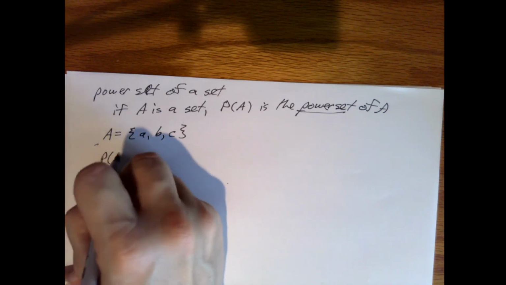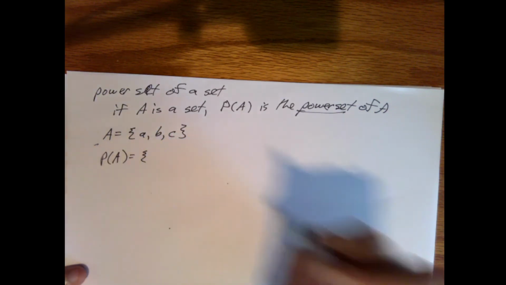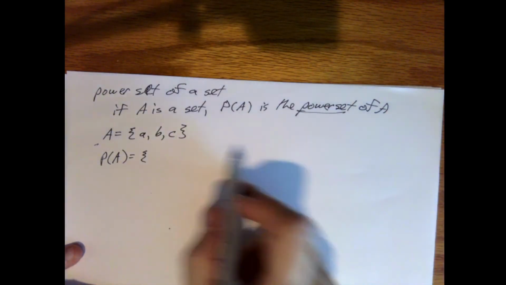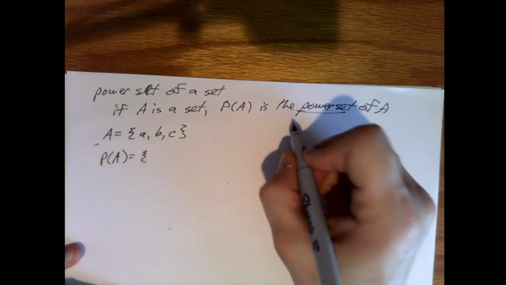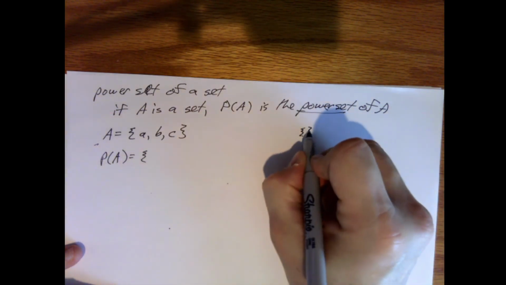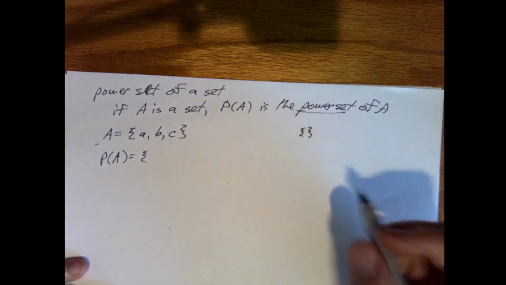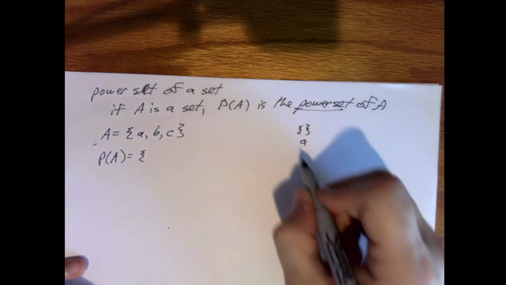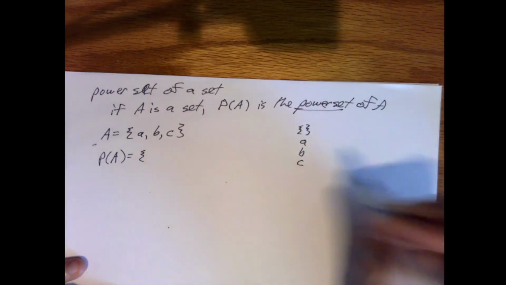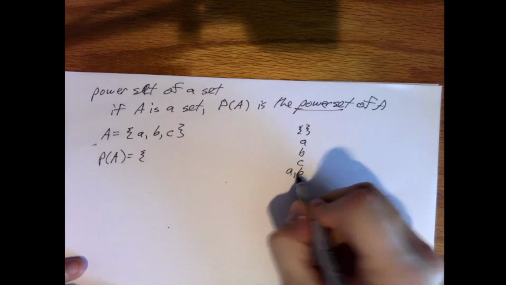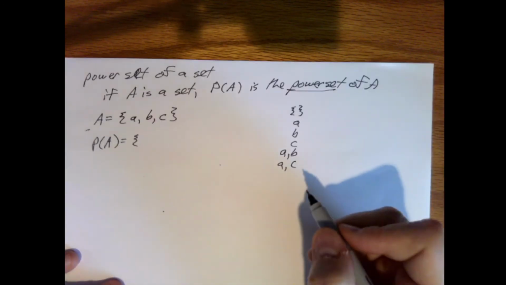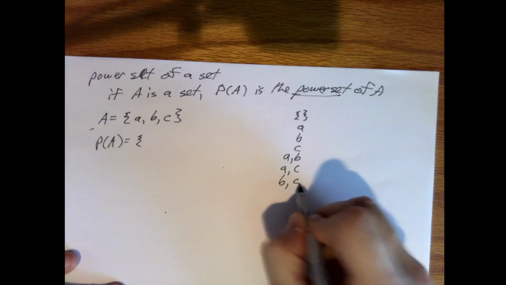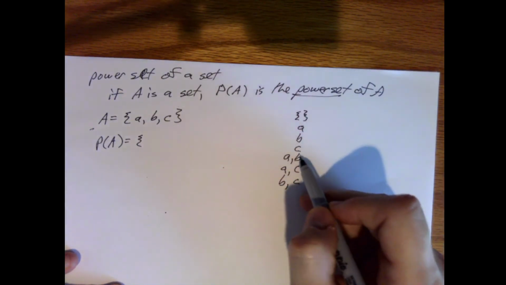So P of A is equal to what? And let's write it over here to make it easy to sort of see what we have. But one, we could choose none of the elements. So we have the empty set. We could have just A. We could have B. We could have C. We have A and B. We have A and C. We have B and C. So 1, 2, 3, 4, 5, 6, 7.